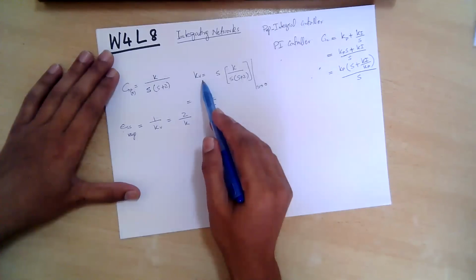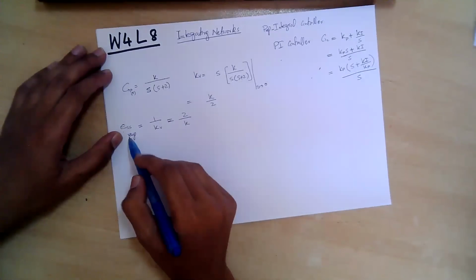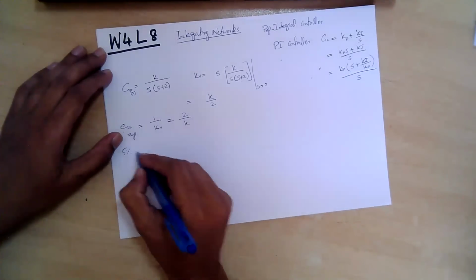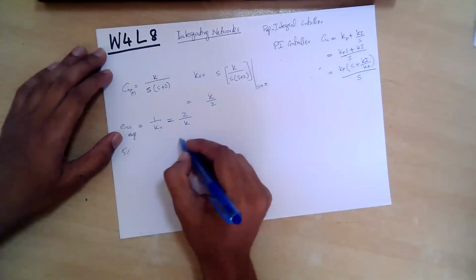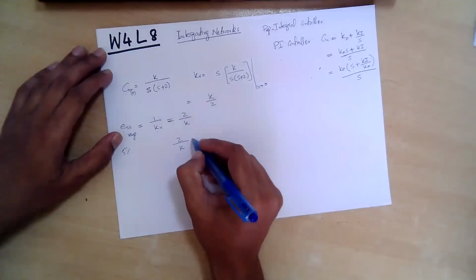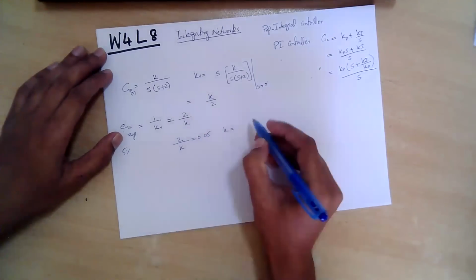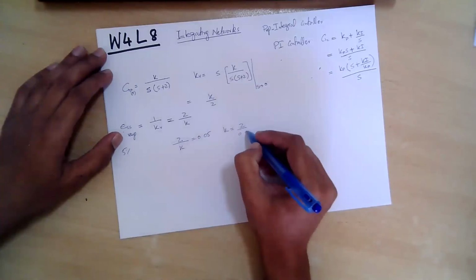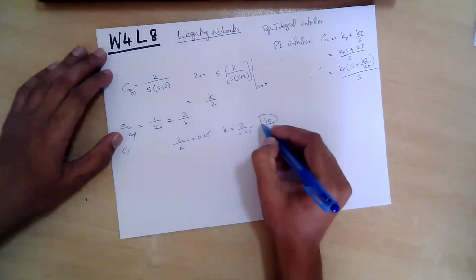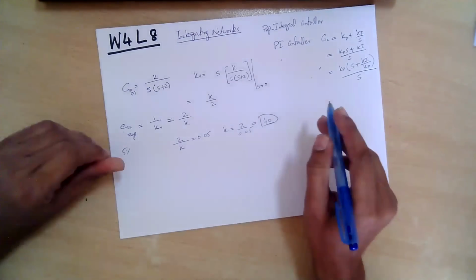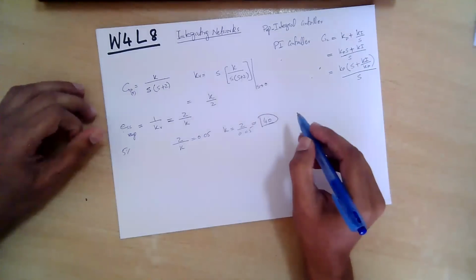If we want a very small error, suppose 5%, then K will be a huge number, because 2 over K will be equal to 0.05, and K will be 2 over 0.05, which is at least 40. So having a large value of K, what will happen? You know that the transient response will start looking bad.